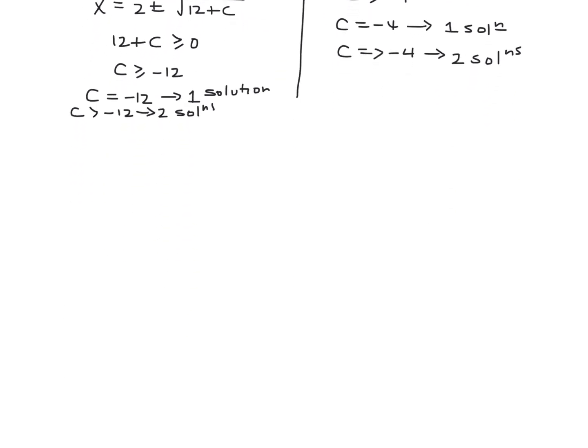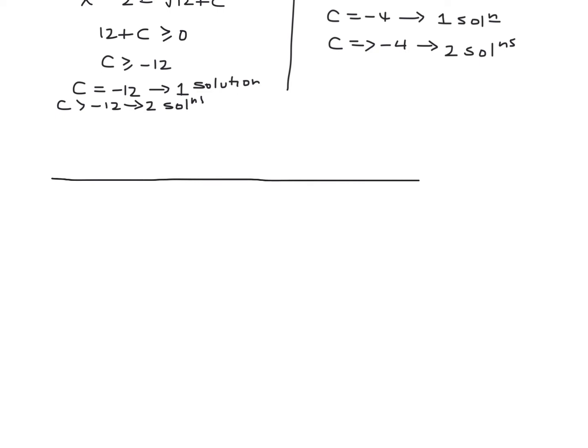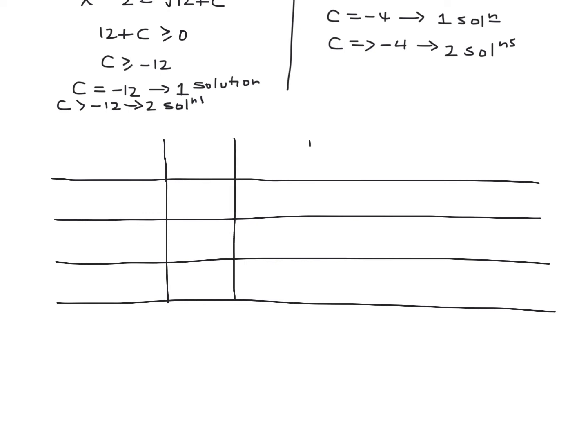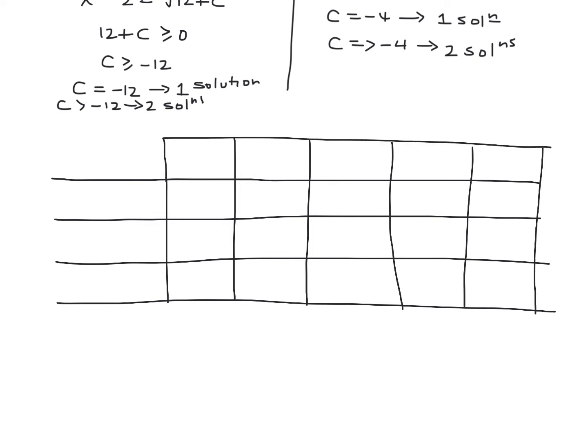So to combine them, let's make a little table. It doesn't have to be a work of art. So how many different scenarios do we have here? I think at least 4, maybe 5 actually. All right. So we have the first one where x squared minus 4x minus c was 0, and then the other one where x squared minus 4x minus c was equal to 8, positive 8.